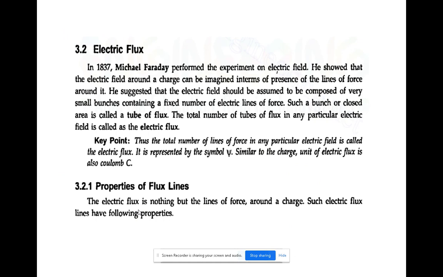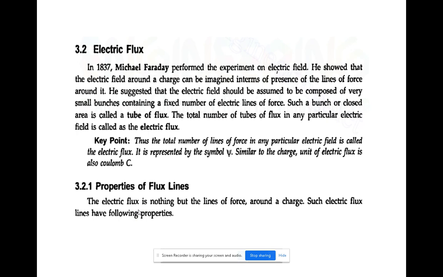So we can now discuss electric flux in more depth. In 1837, Michael Faraday performed an experiment on electric fields. He showed that the electric field around a charge can be imagined in terms of the presence of lines of force around it. Take a point charge. It will exhibit force on other charges present nearby. That is a line of force.